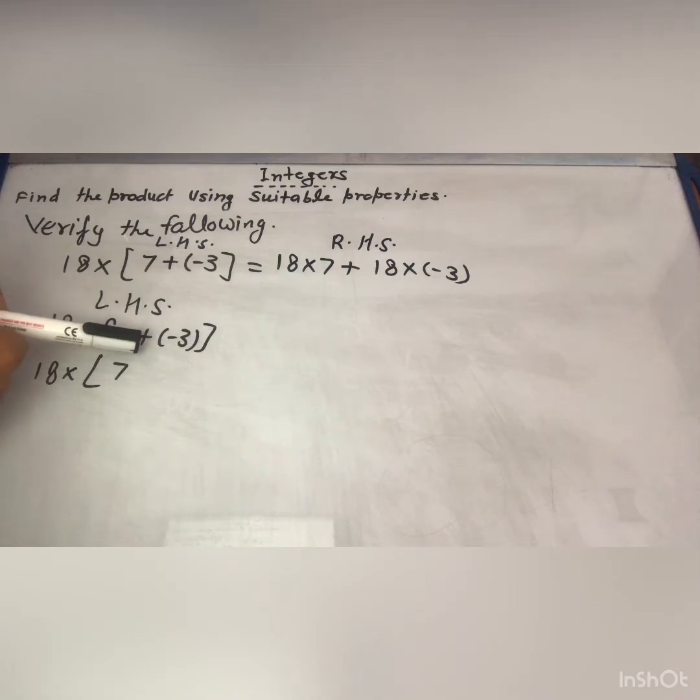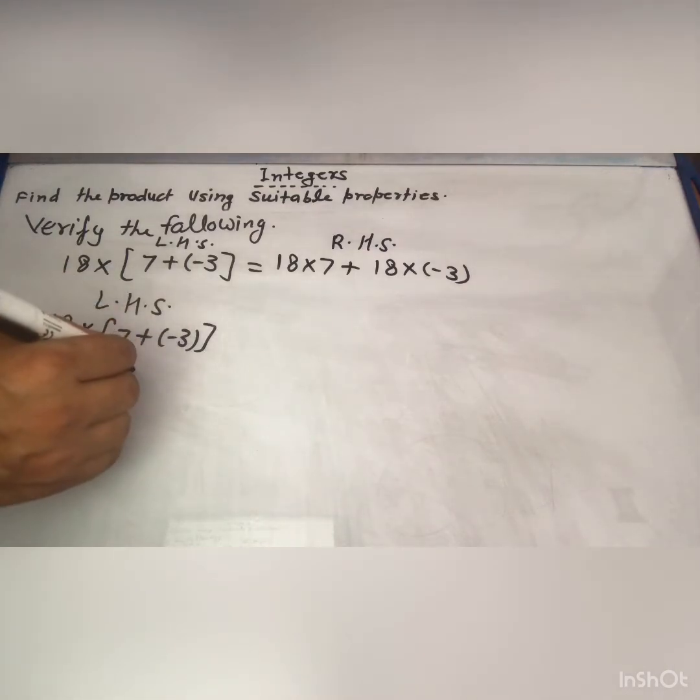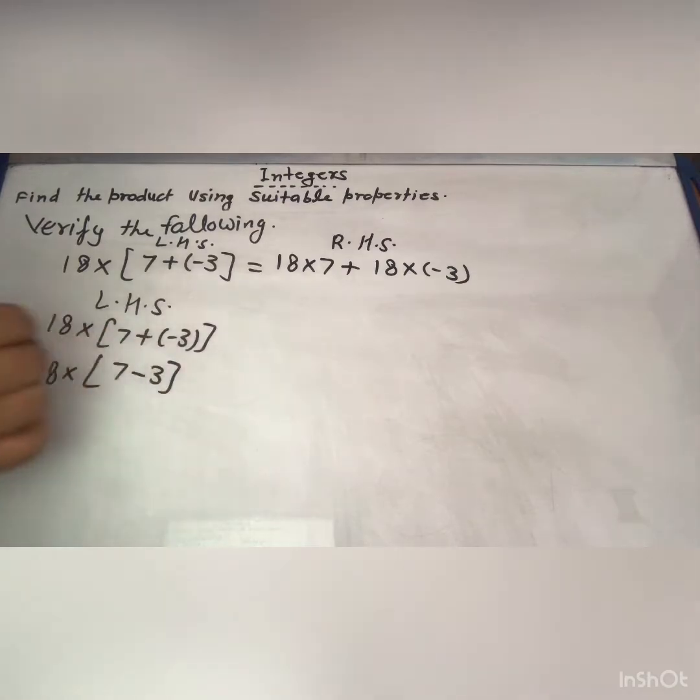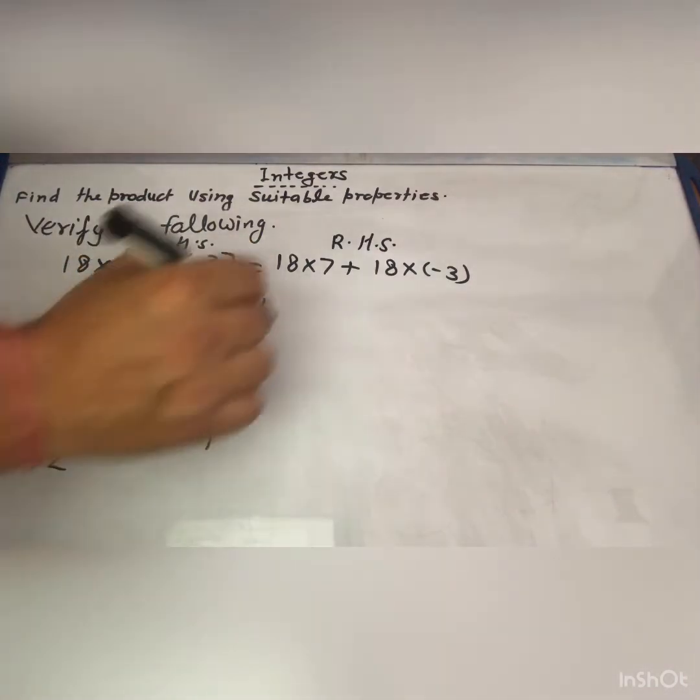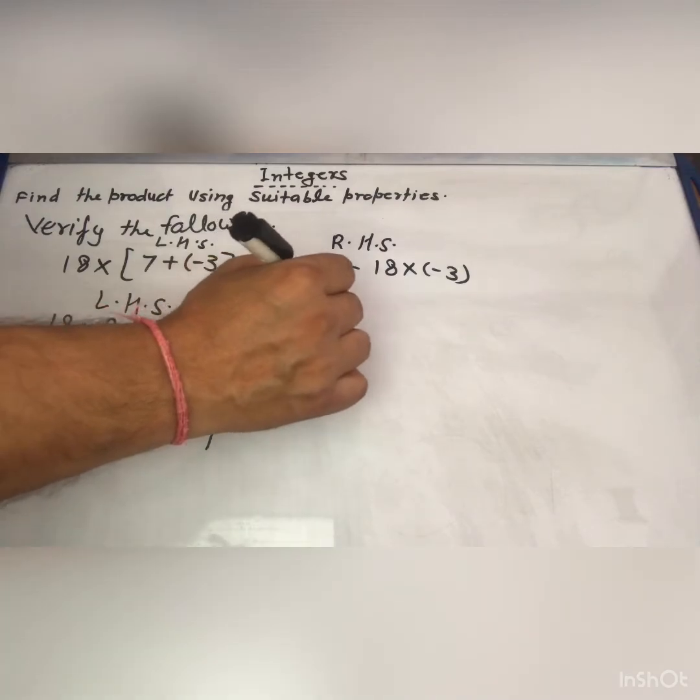Dear, once again, the multiplication of opposite signs, plus and minus, is minus. Minus 3. This gives you 18 into (7 minus 3), and 7 minus 3 means 4, and 18 fours are 72.